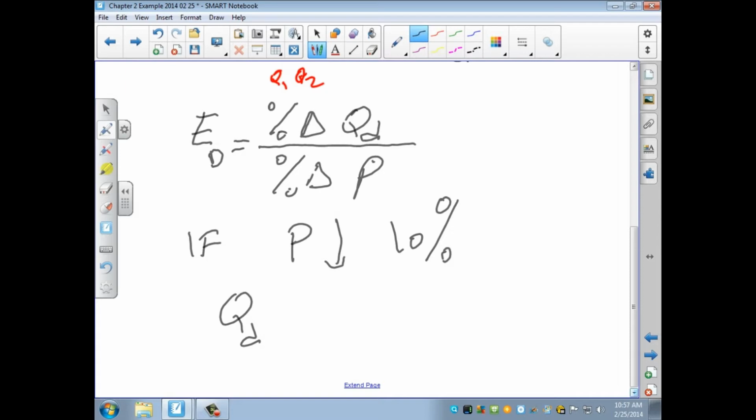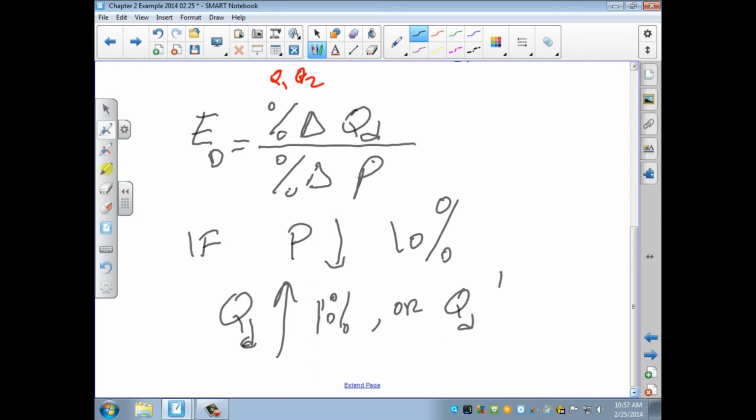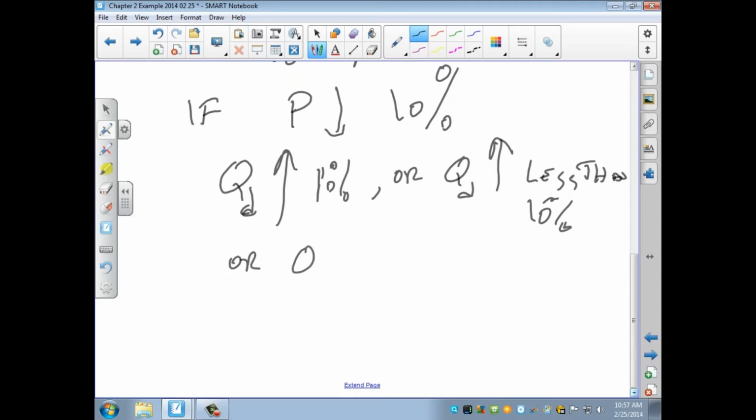One thing would be quantity demanded can go down also by 10%, or quantity demanded will go up also by 10%, or quantity demanded will go up by less than 10%, or quantity demanded will go up by more than 10%.